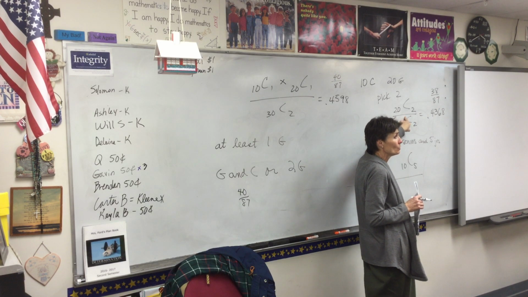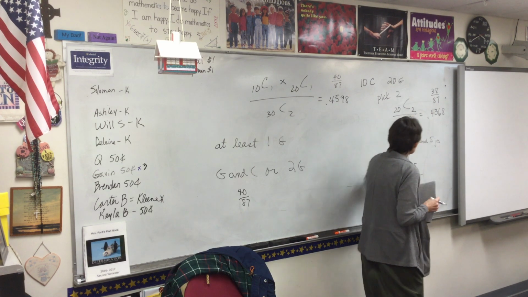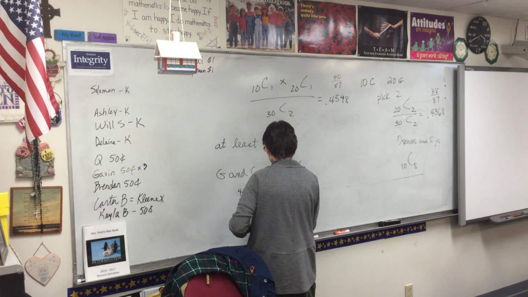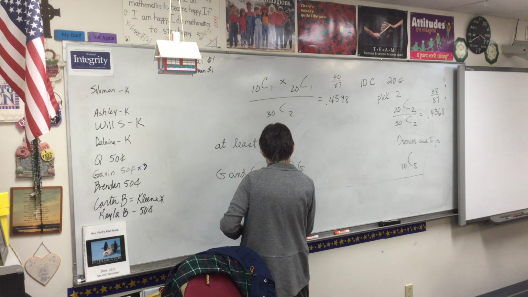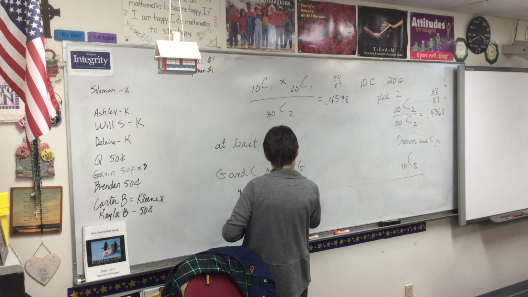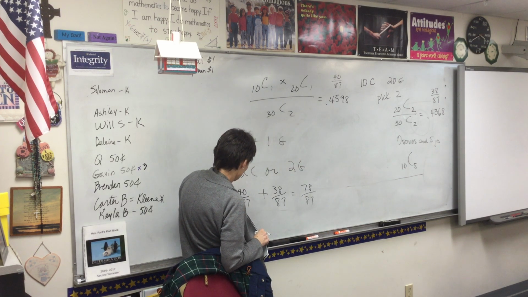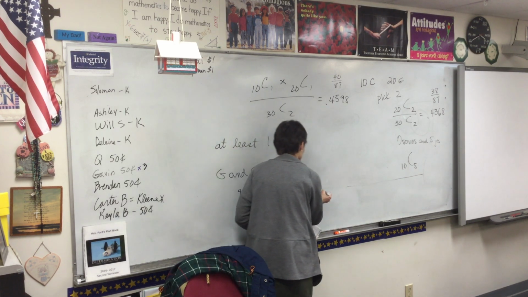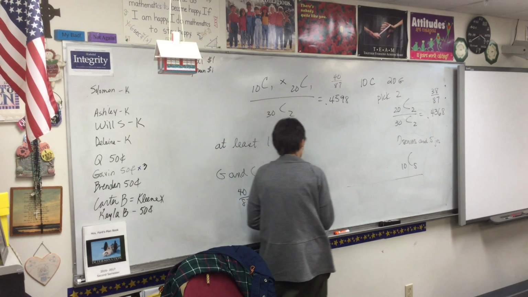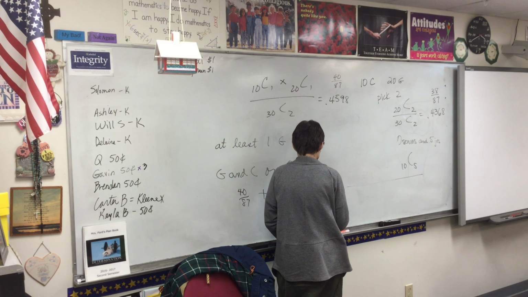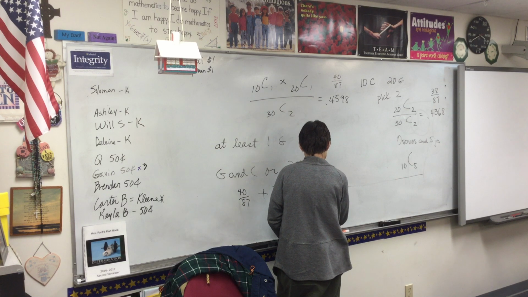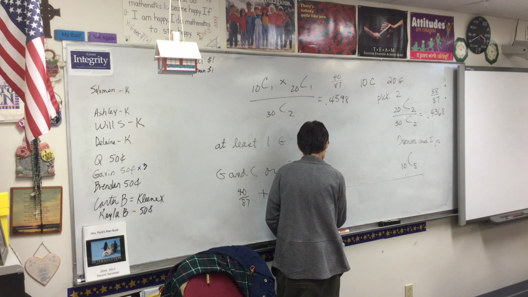So that was 2 gumdrops, so 38 over 87. So my answer is 78 over 87, is that right? Yeah. And that actually reduces. What does 78 over 87 reduce to? 26 over 29.